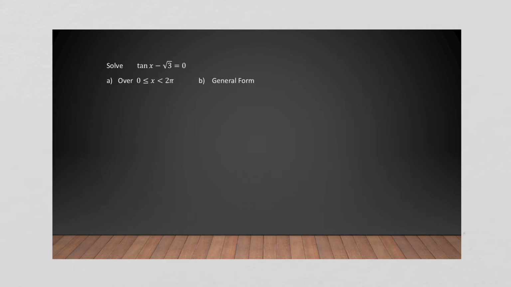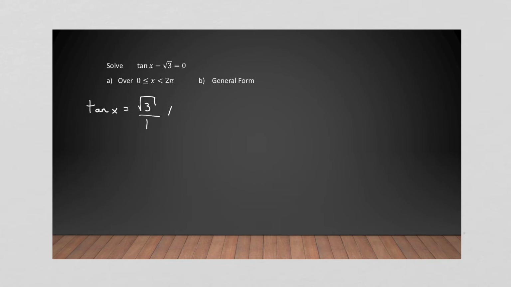So here we have the question tan x minus root 3 equals 0. So let's do some algebra here, and tan x now equals positive root 3, and that's root 3 over 1. So I don't have a graph here because I just want you to think about this one, right? Where does this occur?